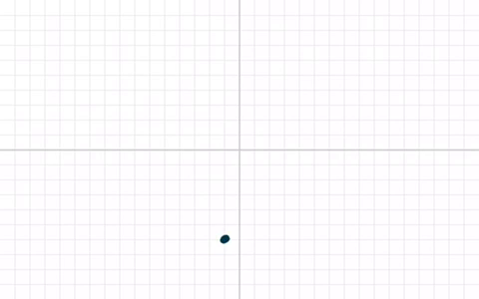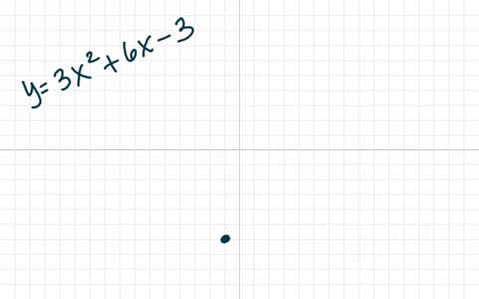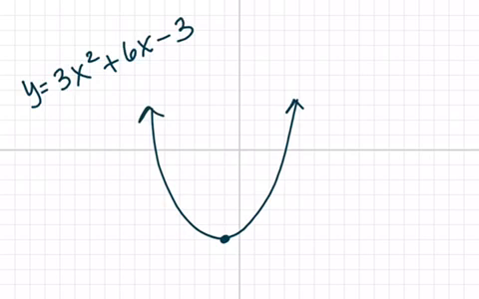I also know this because I said y equals 3x squared plus 6x minus 3. I know that my graph is going to open up. I don't know exactly how it's going to open up, and I'm not going to teach you that right this second. I just know that because there's a positive number here, my graph is going to open up.